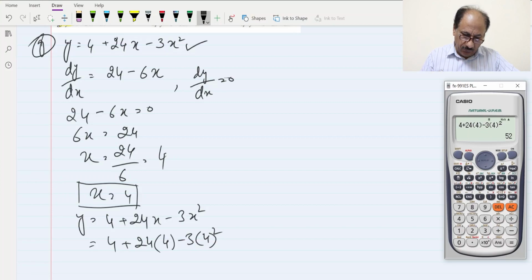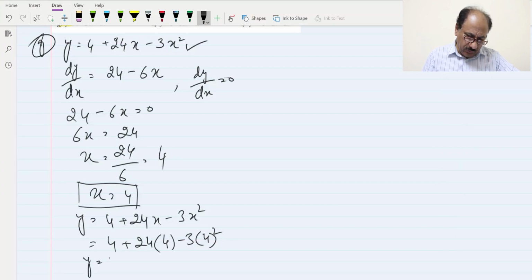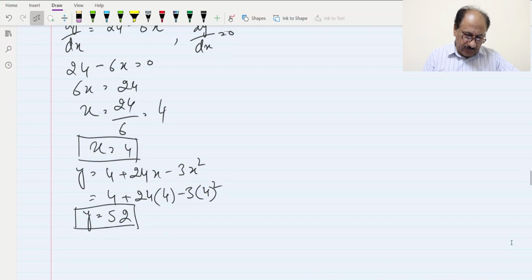This will be equal to 52. So the y value is equal to 52. We got the coordinates of x and y. We can write the point, and the turning point will be 4 and 52.